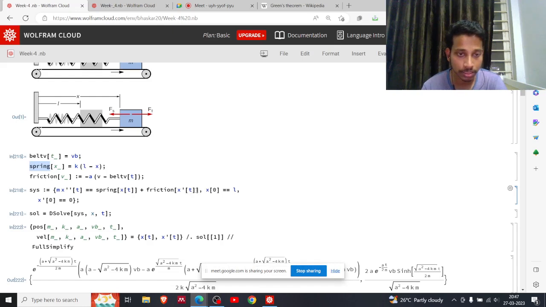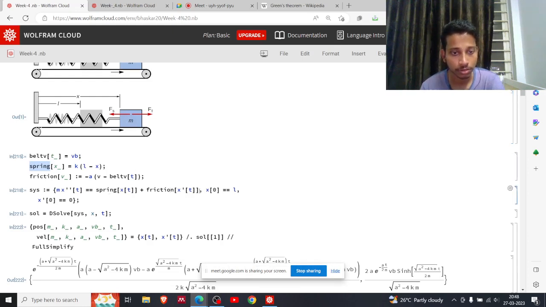Now this is the differential equation. In the previous classes I mentioned only simple harmonic motion, that is x double dash equal to minus x or something like that, but this is more complicated because a lot of things are acting on this mass.